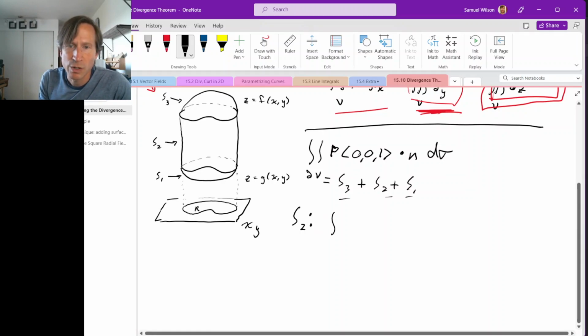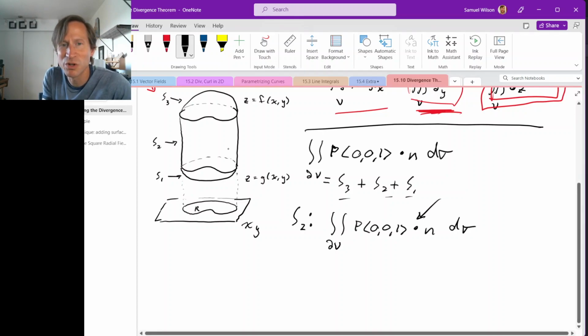Okay, so when we work out this product, if you look at this integral, what is the normal vector going to be along the sides of this region?